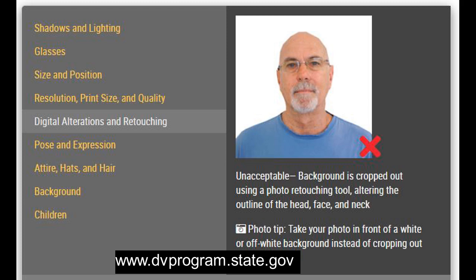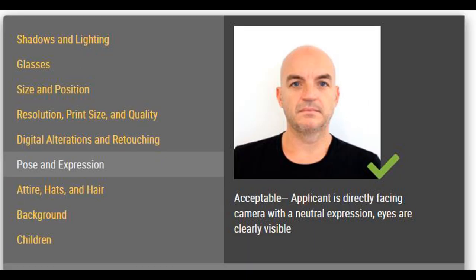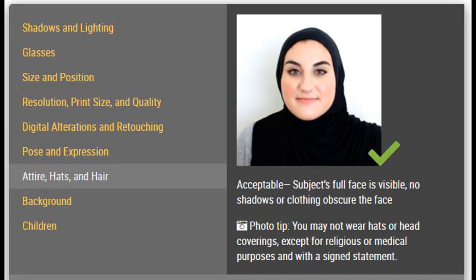Also here, you see pose and expressions. You have to face directly to the camera, with a neutral expression. Eyes must be clearly visible. Now you see this photograph is acceptable. Hats are not allowed, but as you see, the full face is visible, no shadows or clothing which obscures the face.